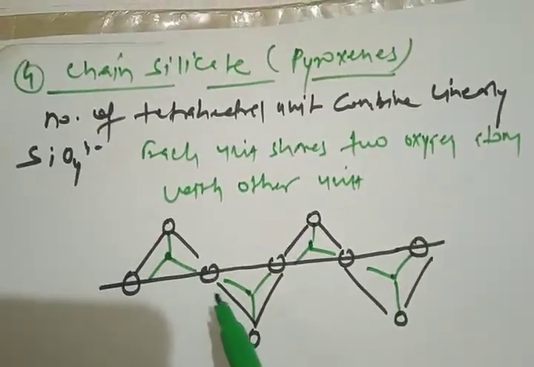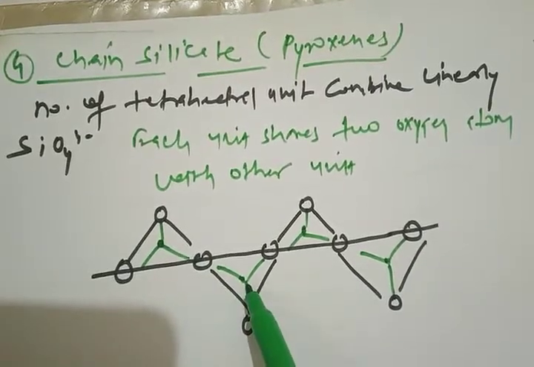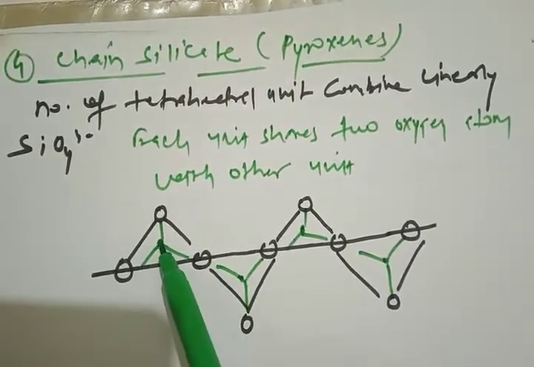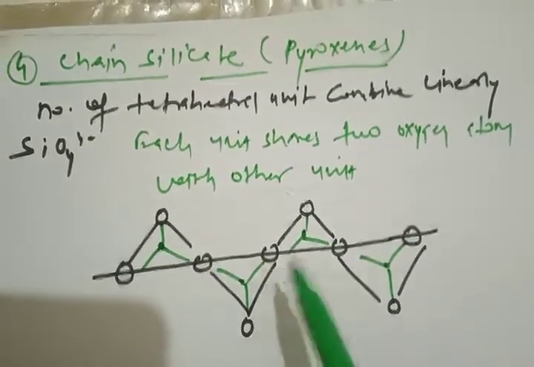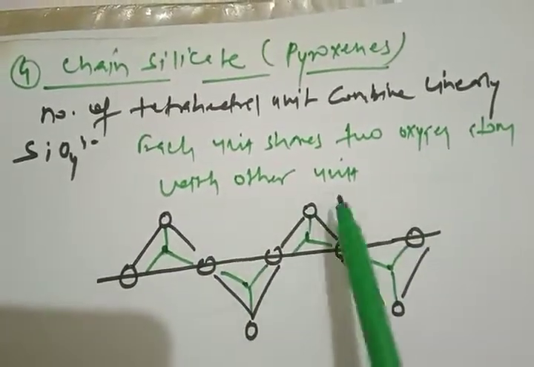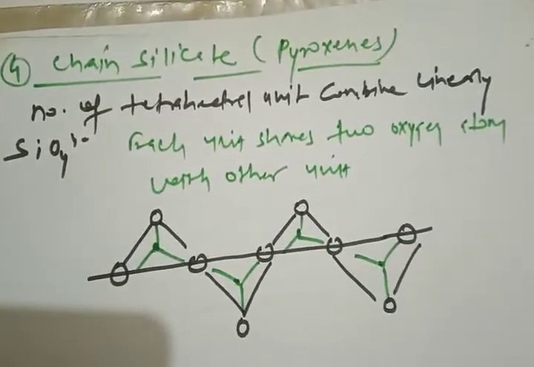This oxygen atom is shared by this unit also and this unit also, so each unit shares two oxygen atoms with other units. The important thing is what? Linearly.